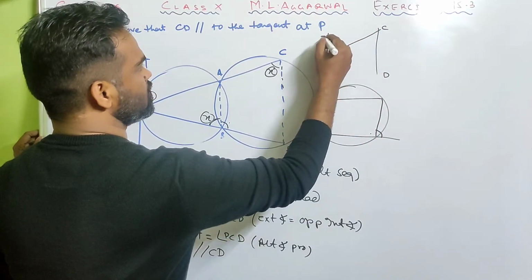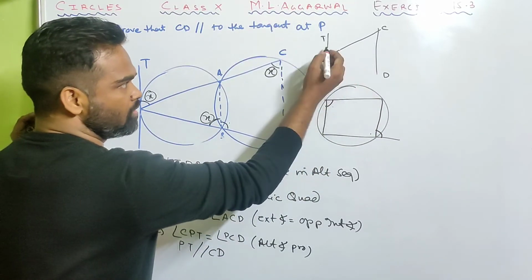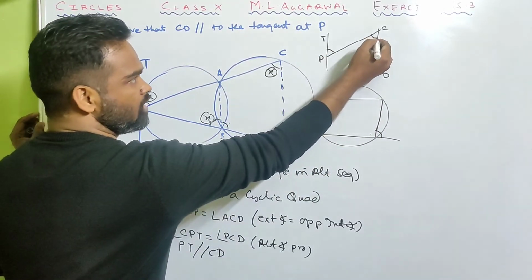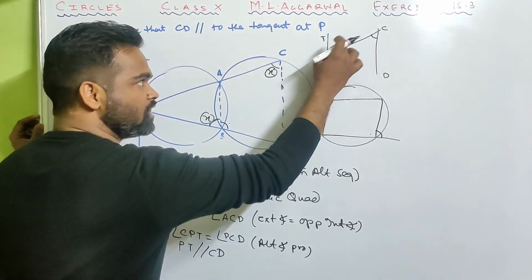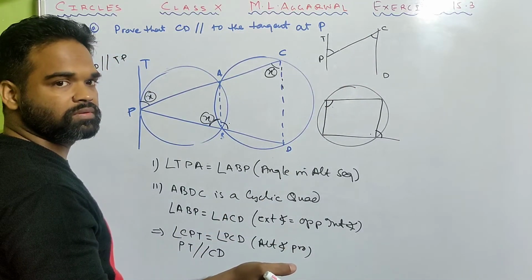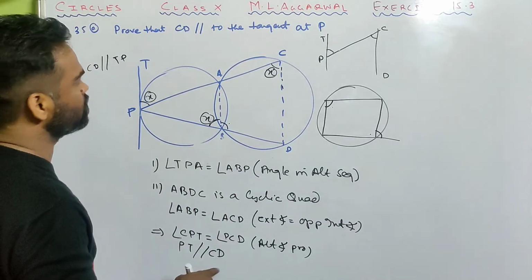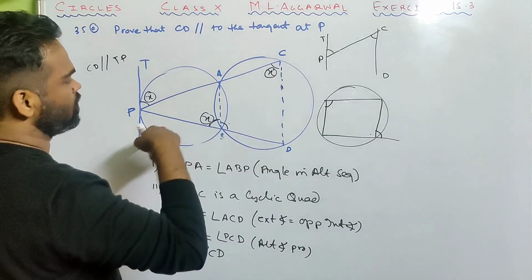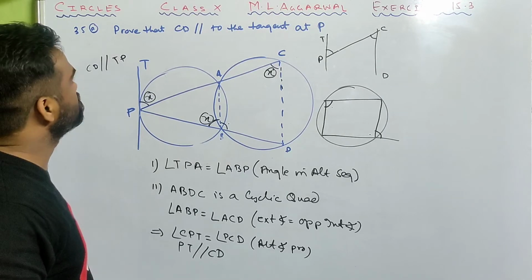This is PT. Suppose if these two are parallel, then this angle and this angle are equal. Now the converse, if these two angles are equal, then these two lines are parallel. Yes or no? By alternate angle property, PT is parallel to CD, which means CD is parallel to the tangent at P. Proved?